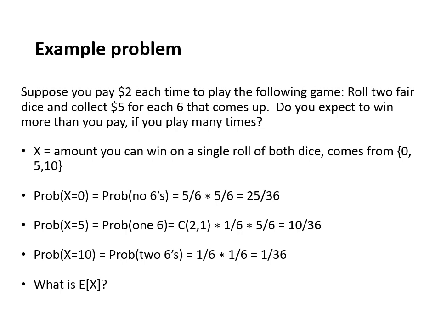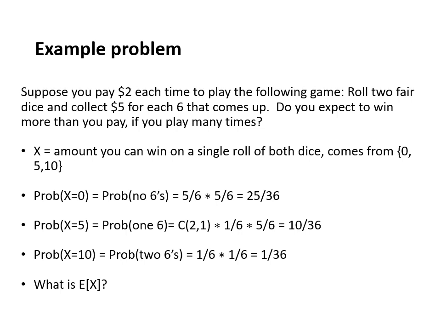In this problem, X is the amount we can win on a single roll of both dice, and X is drawn from the set 0, 5, and 10. So 0 if there are no 6s, 5 if there is 1 six, and 10 if 2 6s come up.